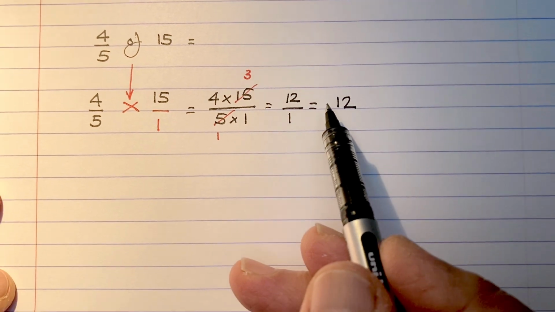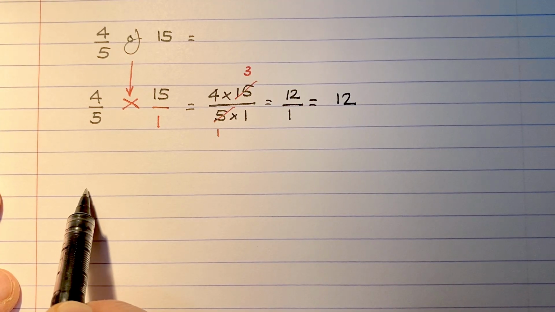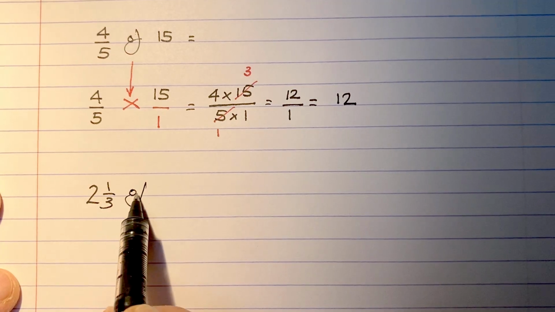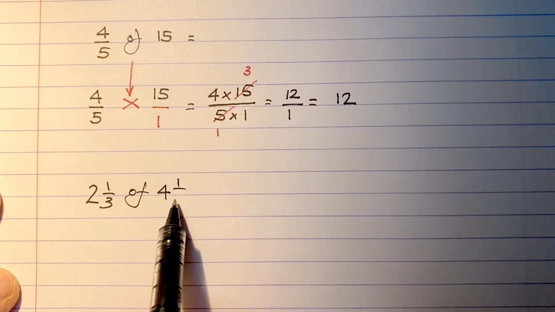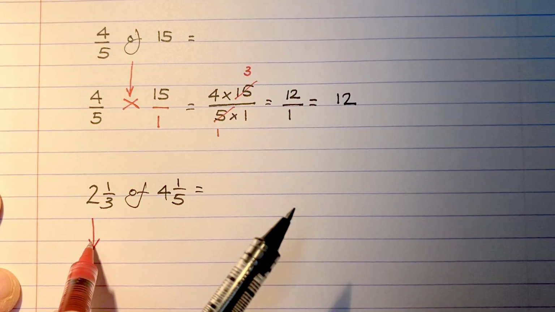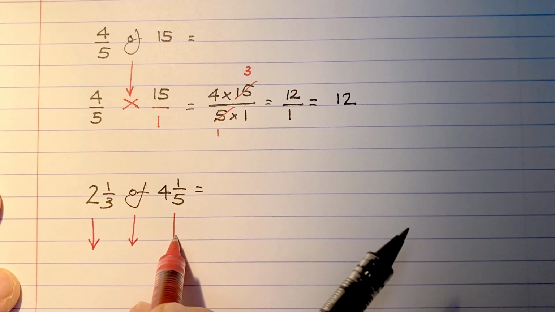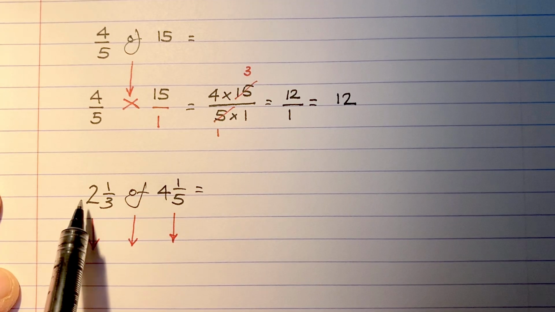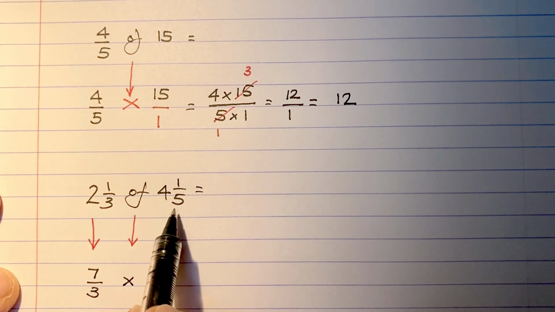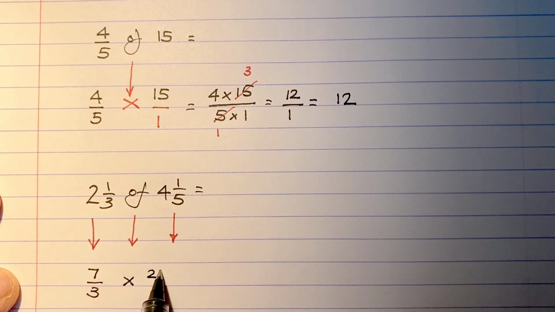Now, more awkward situations. Say you want to find 2 1/3 of 4 1/5. But again, of means times. All of these need to be replaced. 2 times 3, 6, add 1, 7/3. Of means times. 4 times 5, 20, add 1, 21 over 5.